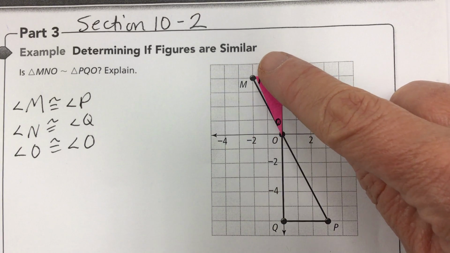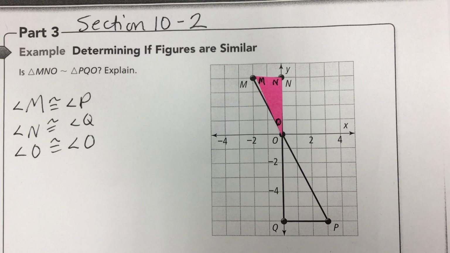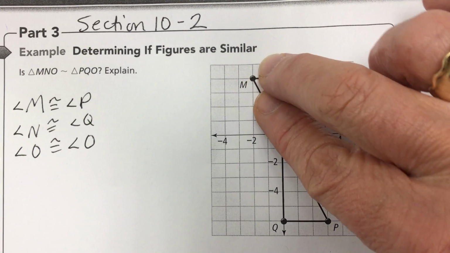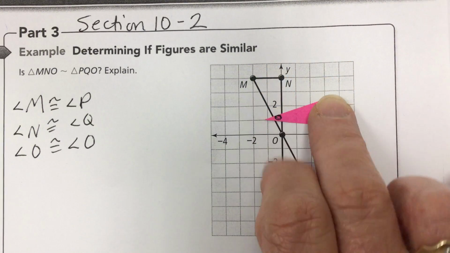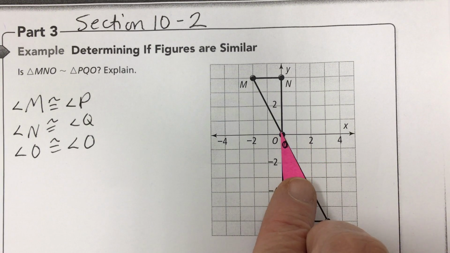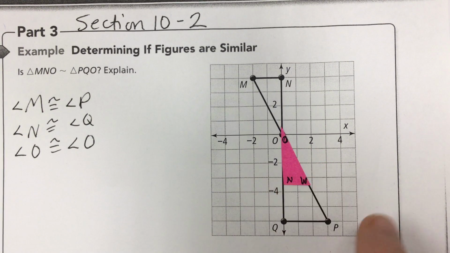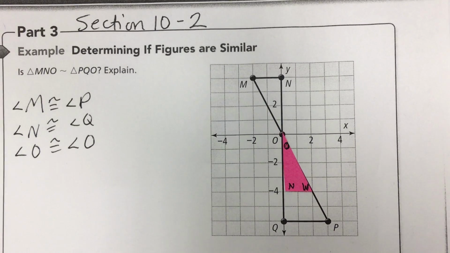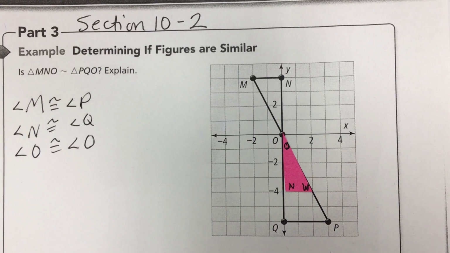Now I'm going to perform a 180-degree rotation. I'm going to take this triangle, bring it around and rotate it 180 degrees, and it's going to end up right here. So there is the triangle rotated 180 degrees.